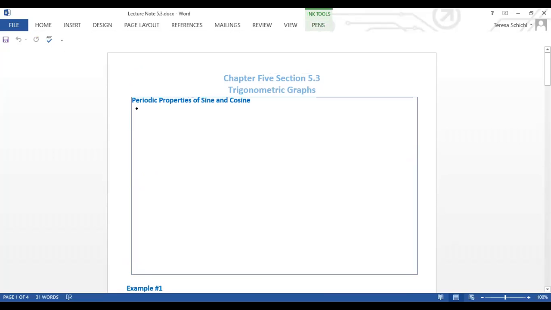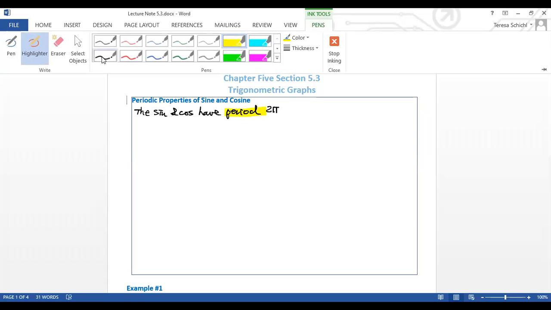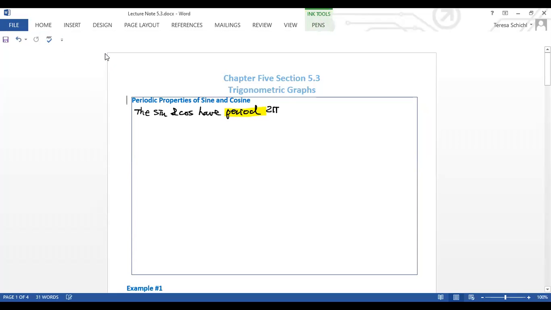Both sine and cosine have a period of 2 pi, and we'll talk about the tangent in the next section. What does it mean that the period is 2 pi? It means that after 2 pi, they repeat the same pattern.